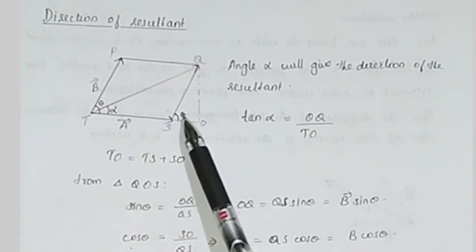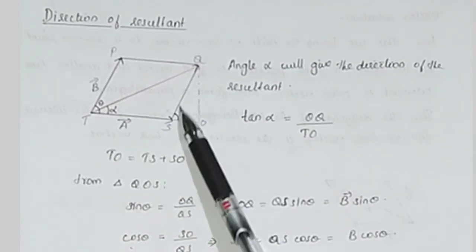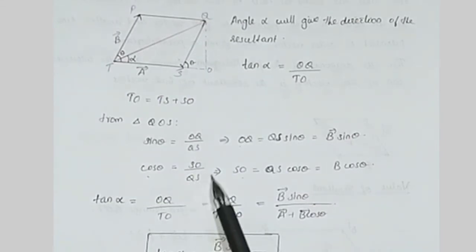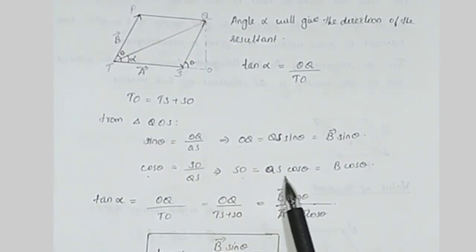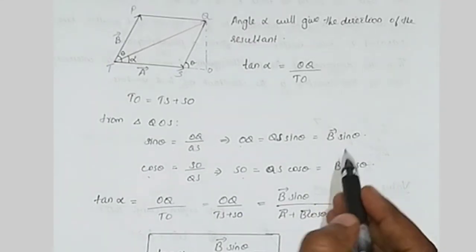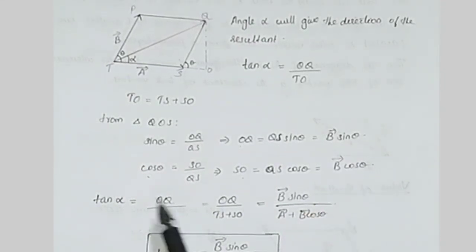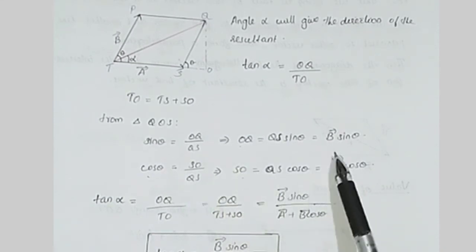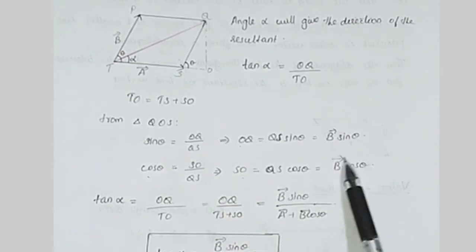Now taking cos theta, we get SO divided by SQ, from which SO is equal to QS cos theta, and that gives vector B cos theta. So the unknowns, that is OQ and SO, are now converted in terms of the vector.